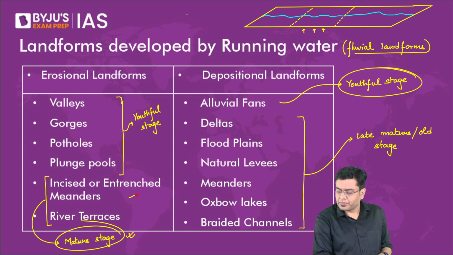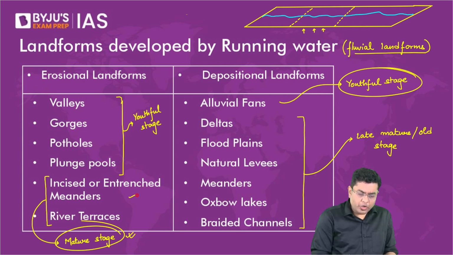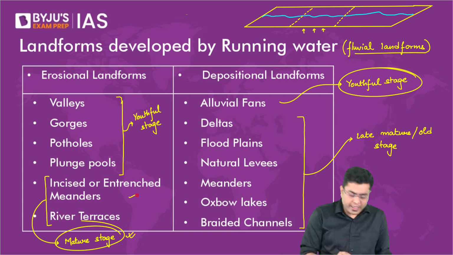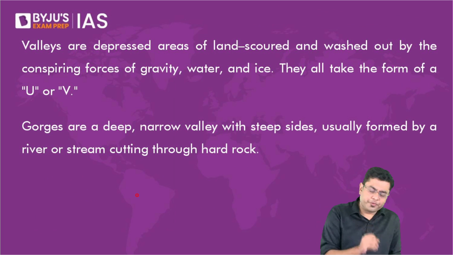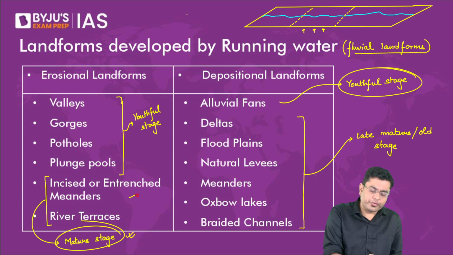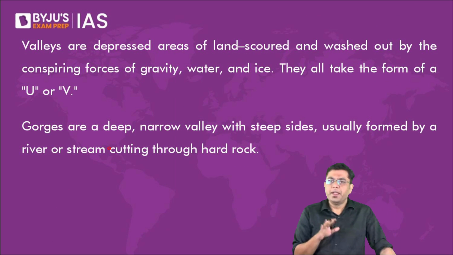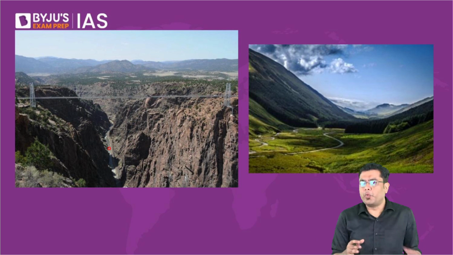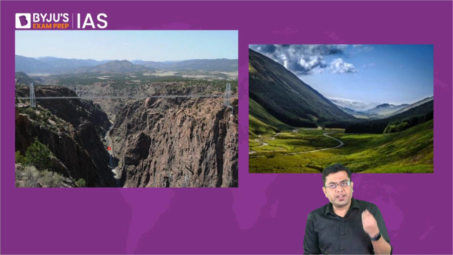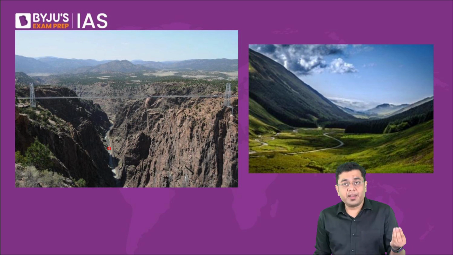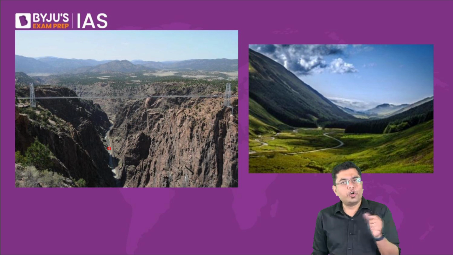Okay. So here, let us take a look at few of the erosional landforms getting created. We'll first of all take a look at valleys, gorges, potholes, and plunge pools, and then we'll take a look at the other portion. So first of all, get a visualistic idea about what we are actually addressing when we are talking about a valley or a gorge.